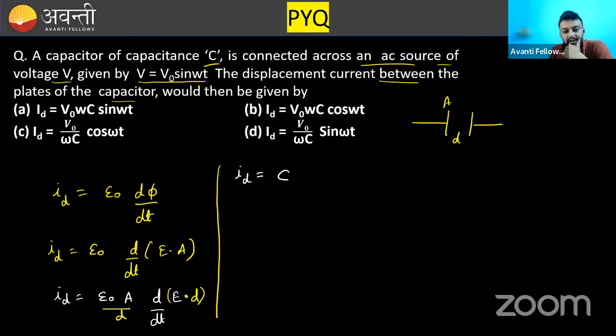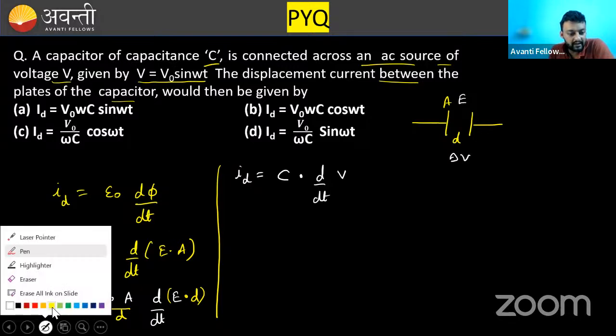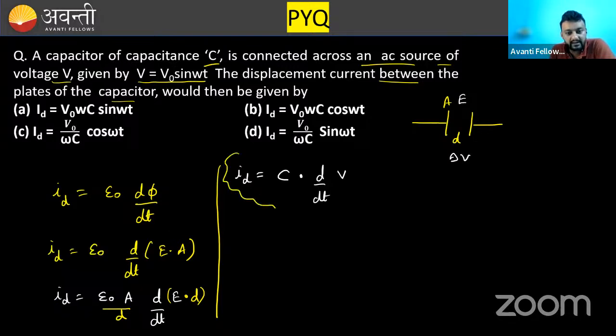It is capacitance into field into separation. The field is E, separation is d, so E d is the potential difference V between the plates. So that is C d over dt of V. Another golden relation for displacement current that you should remember is I_D equals C dV over dt.